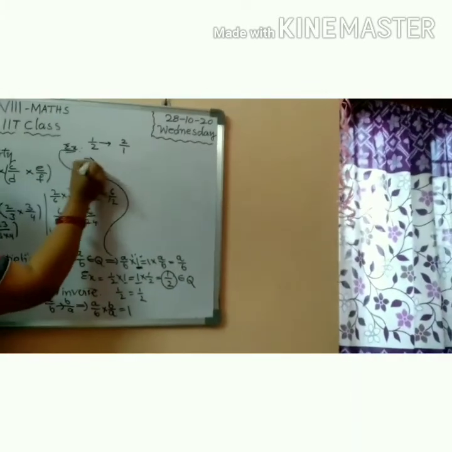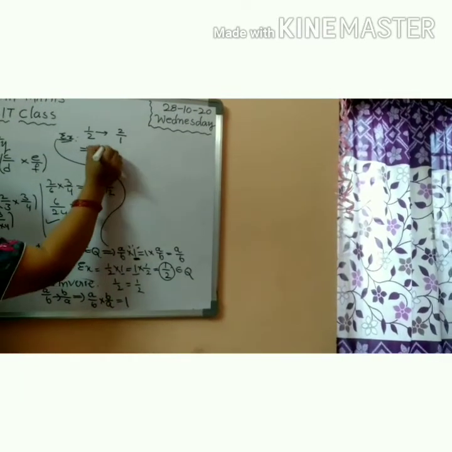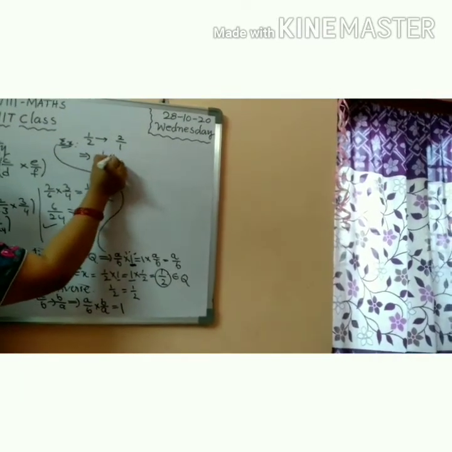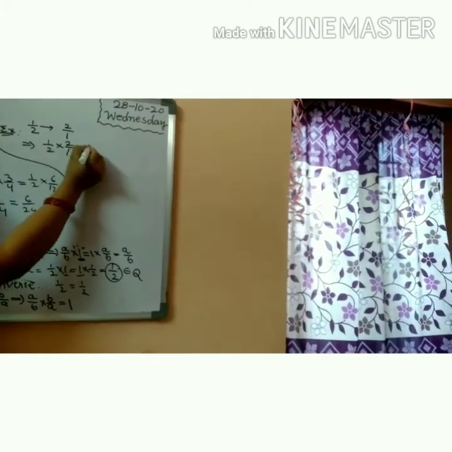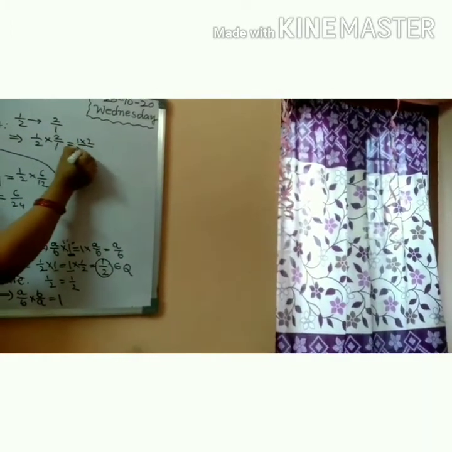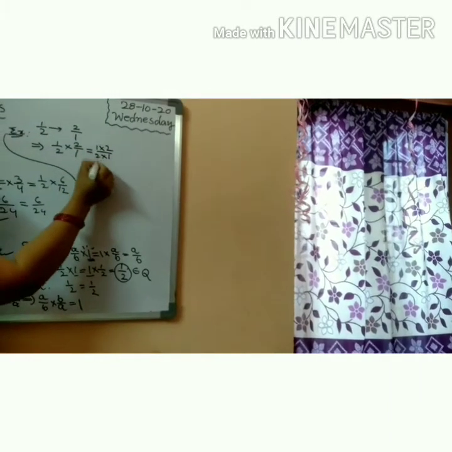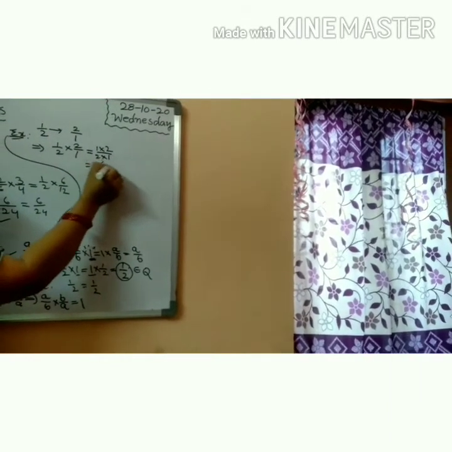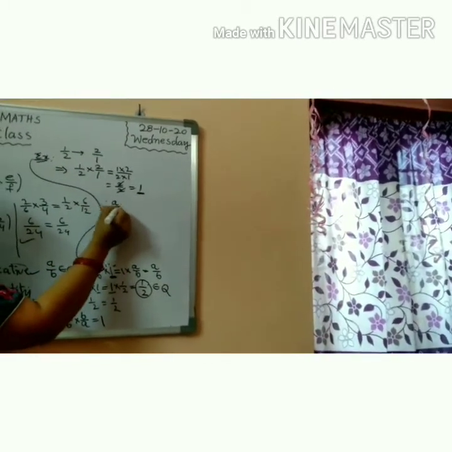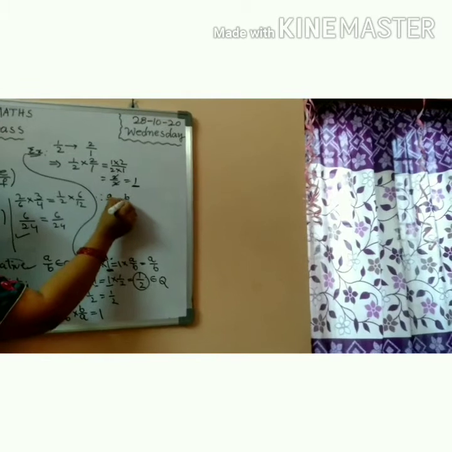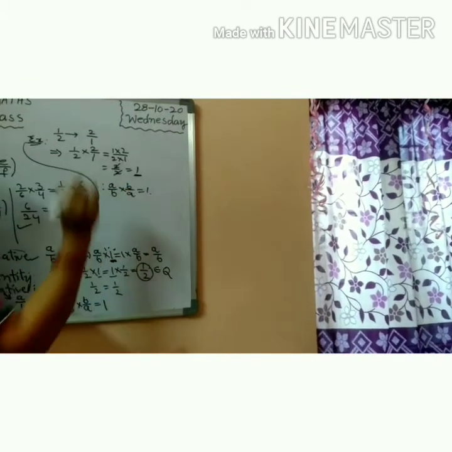Under the rule, a/b × b/a: here 1 × 2 over 2 × 1, which is 2/2, equal to 1. Therefore a/b × b/a is equal to 1.